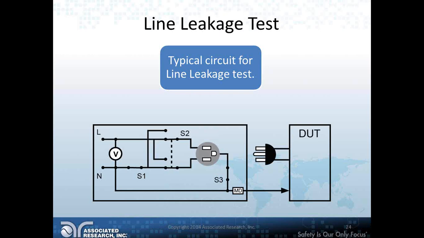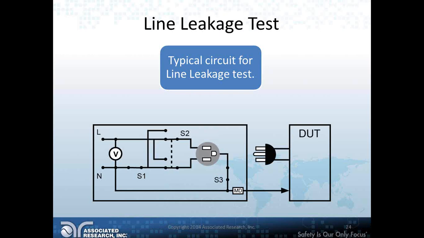Like I said earlier, the measuring device is what simulates the human body impedance. Every standard that you're trying to comply with has its own MD, or measuring device, which is configured slightly differently. In this picture, we're looking at the measuring device from the EN IEC or UL 60601-1 standard, which is the big standard for medical electrical equipment.